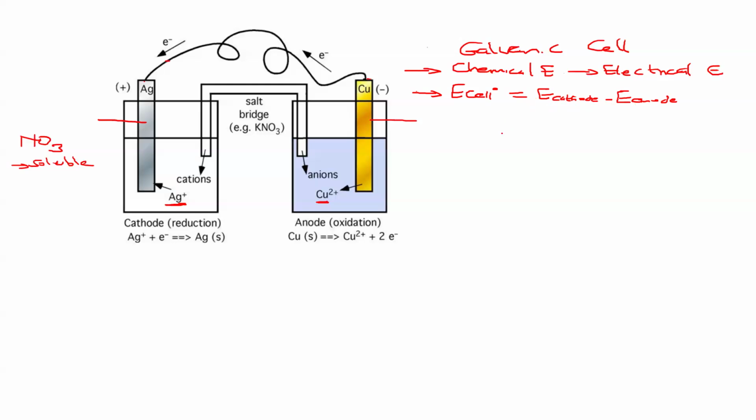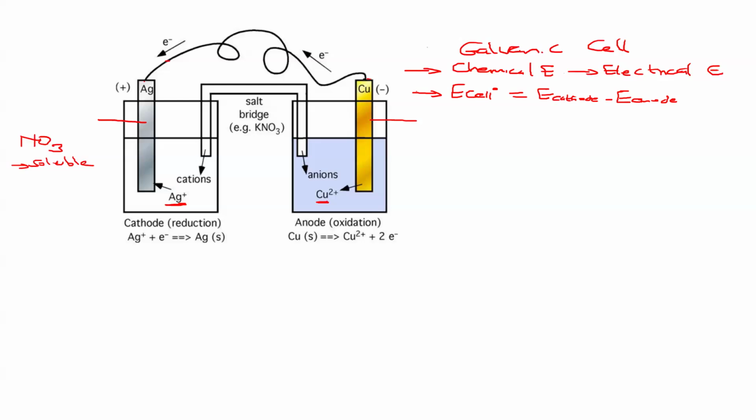Remember, we said that generally for a galvanic cell you'll have a positive E cell potential, meaning the reaction happens on its own, it's spontaneous. But you can also have positive and negative electrode potentials in every half cell.